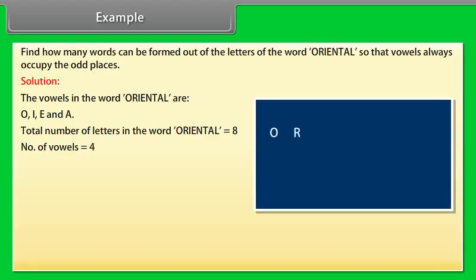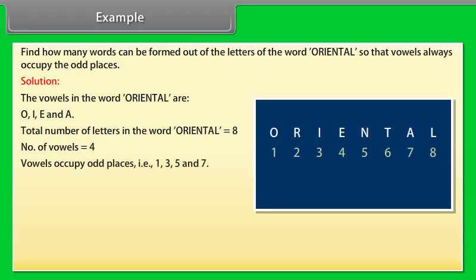O, R, I, E, N, T, A, L placed at 1, 2, 3, 4, 5, 6, 7, 8. Vowels occupy odd places, that is 1, 3, 5 and 7. Number of odd places is equal to 4.